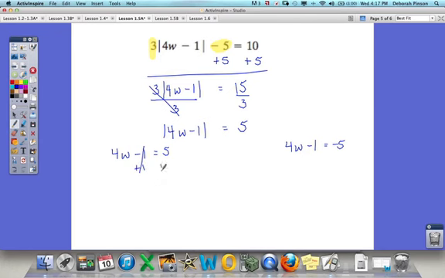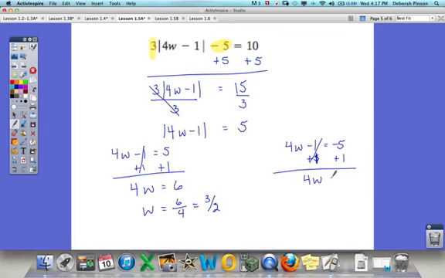And go through and solve. So I'm going to do this pretty quickly. Add the 1. So this reduces to 3 over 2. And going through and solving on this side. Oops. So I have 4w equals negative 4. W is negative 1.